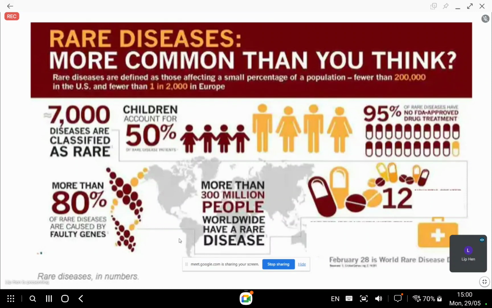More than 95% of the time, there's no FDA-approved drug treatment. We believe more than 80% of rare diseases are caused by faulty genes, and in this world, more than 300 million people are affected by a rare disease. In Malay, we call it penyakit jarang jumpa.